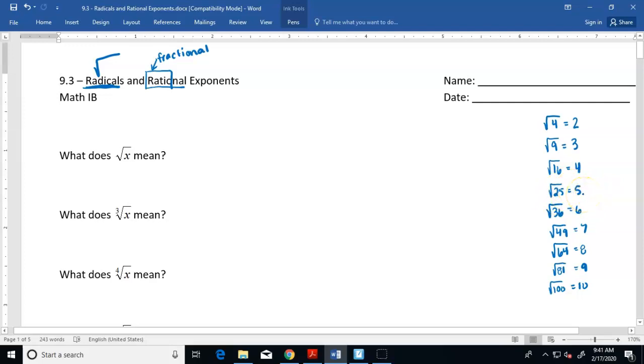Now I could ask, what's the square root of 17? What number times itself equals 17? There's no whole number answer to that. We would have to use the calculator, which will give us a big long decimal.